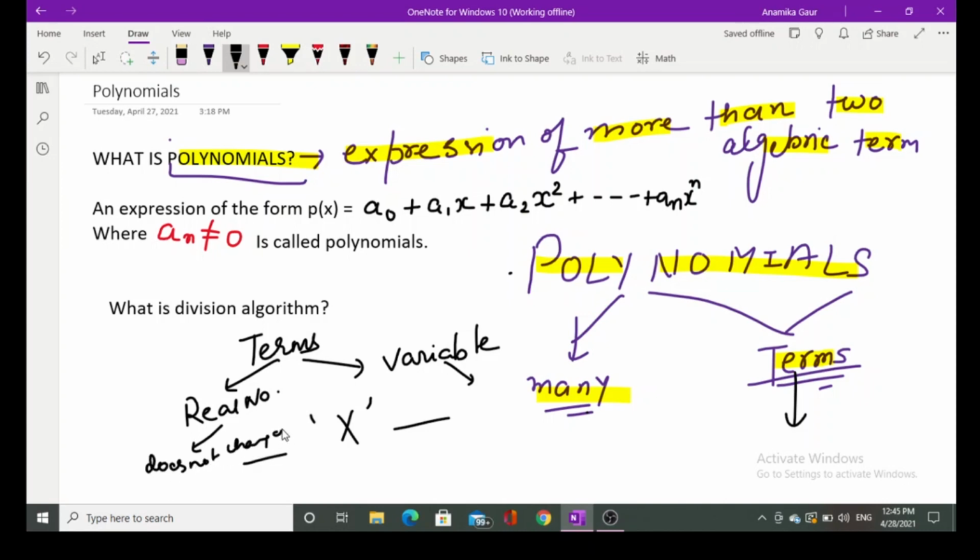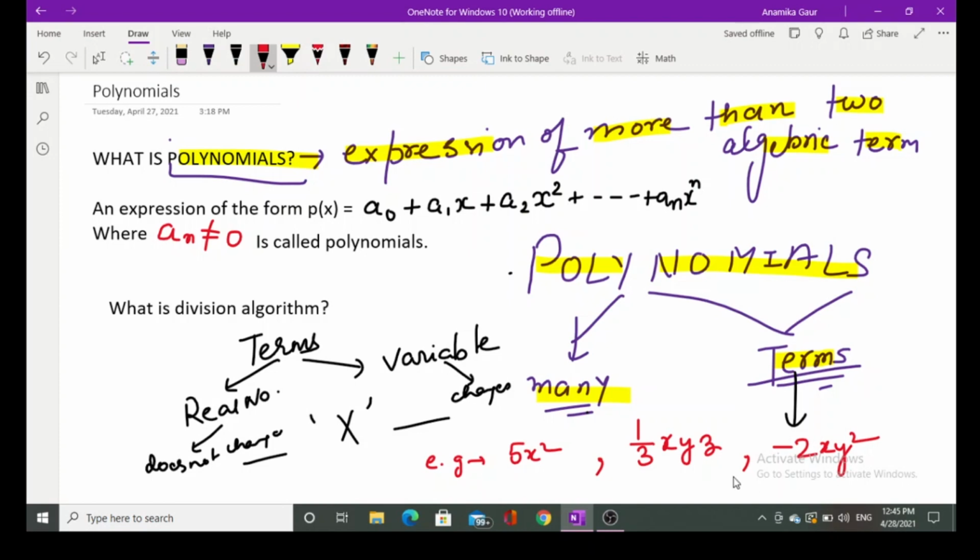For example, if we talk about examples of terms, we have various examples. Suppose we have 5x square, so it is a term. Similarly, another example is 1 by 3 xyz. Another example of a term is minus 2 xy square.